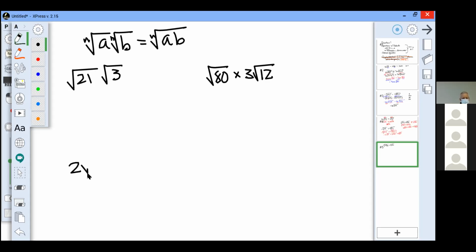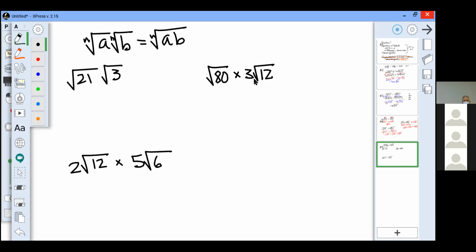Let's say you have 2 square roots of 12 times 5 square roots of 6. None of these should be simplified first. These are not add or subtract. My suggestion would be make it a big problem. This one's going to get a little bit big, but I don't think it's bad.